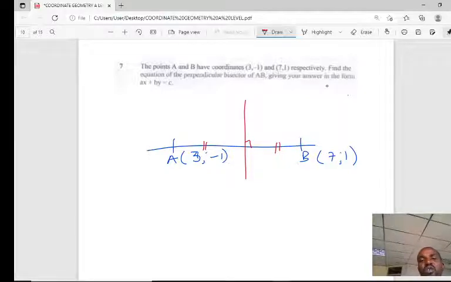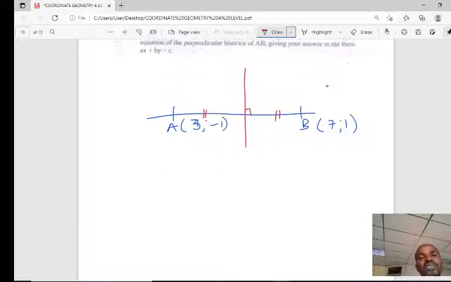Giving the answer in the form, so we are given the form. So let's find the equation of the perpendicular bisector. What we must find is the gradient. You can call this gradient M2, and the gradient of this one M1. For perpendicular lines, when we multiply the gradients, they must give us -1. So let's find the gradient of line AB, then we can find the gradient M2 of the perpendicular bisector.